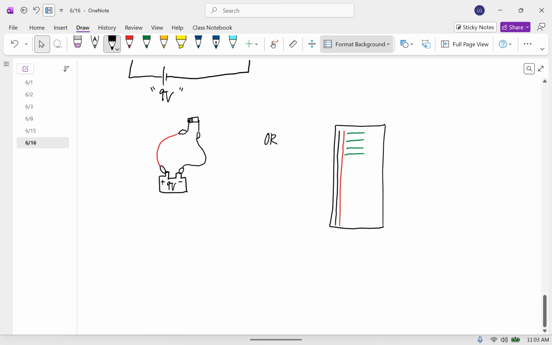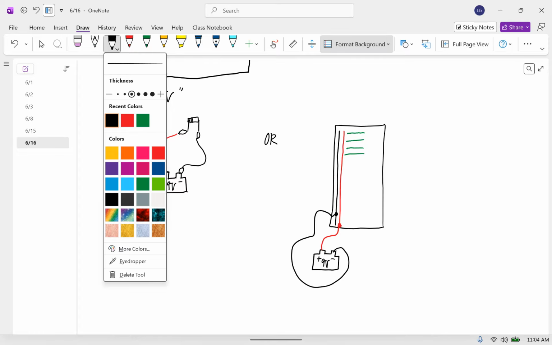So you could take your battery and connect the positive to the positive power rail, and the negative to the negative power rail. And now you can just forget about the battery and think about the power source as just being those two rails for the rest of your project.